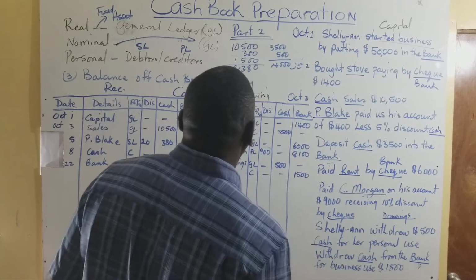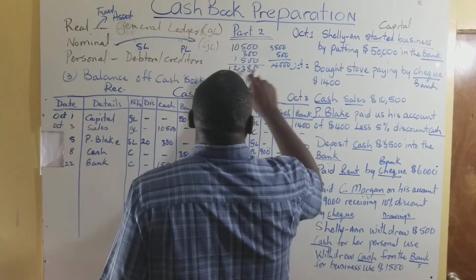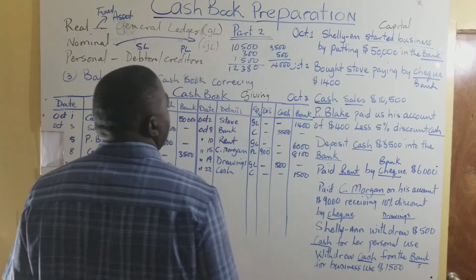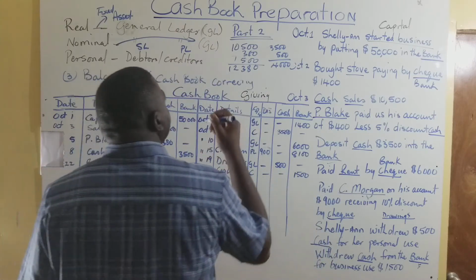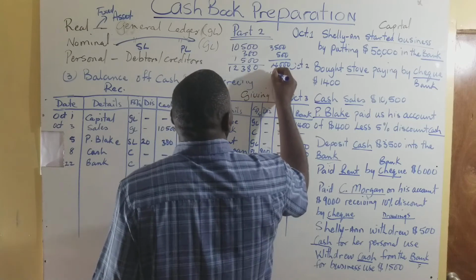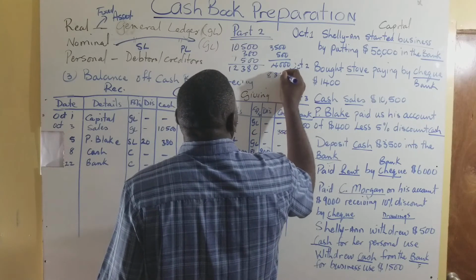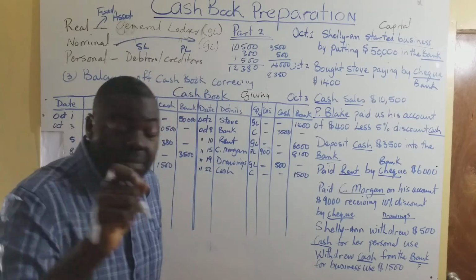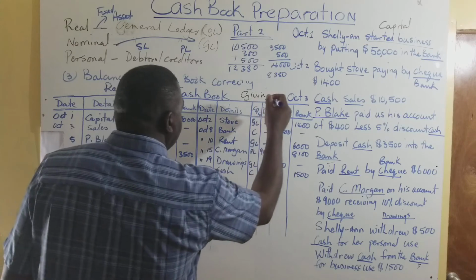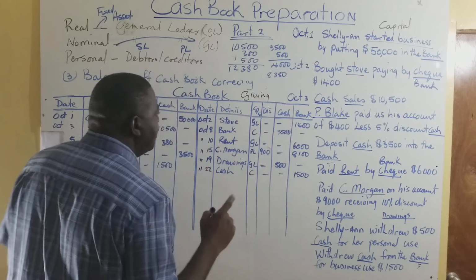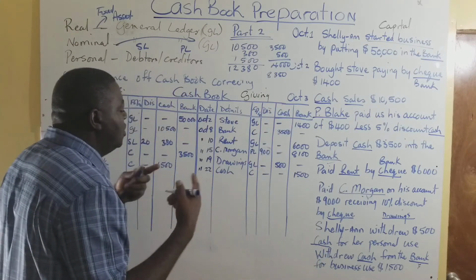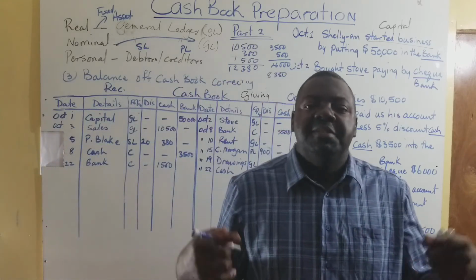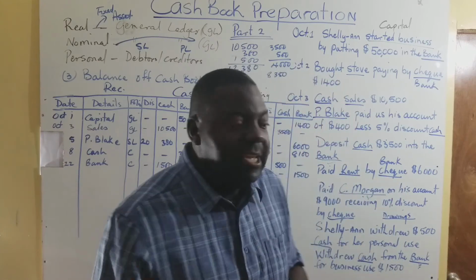All right. So we subtract the 4,000 from the 12,380. When we take 4 from 12, we're going to have 8. So it's going to be 8,380. Very good. All right, so on this side that is smaller, remember now when we're balancing off, we're going to use the closing balance, referred to as balance carried down, CD.